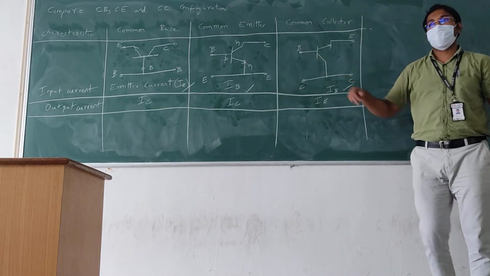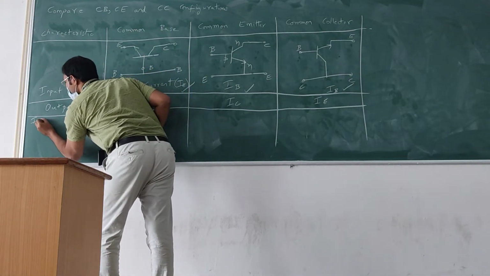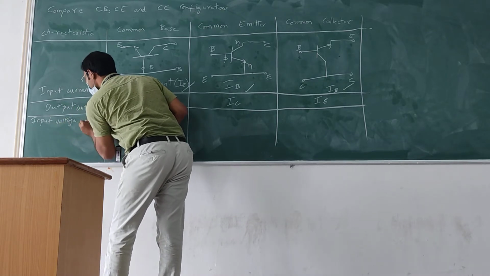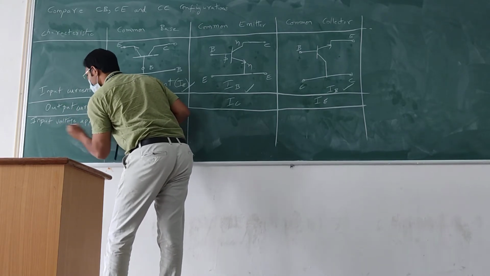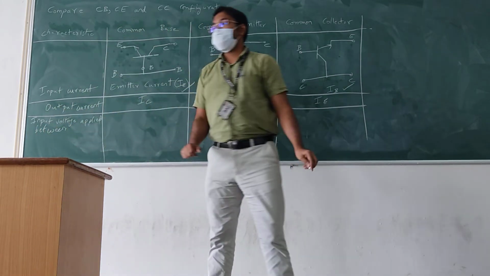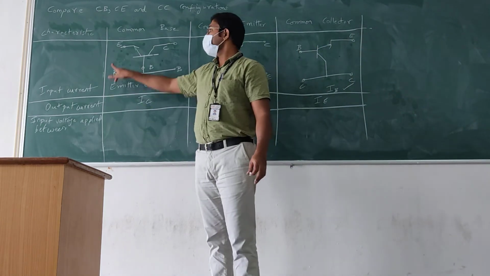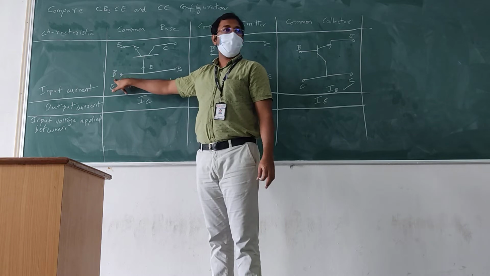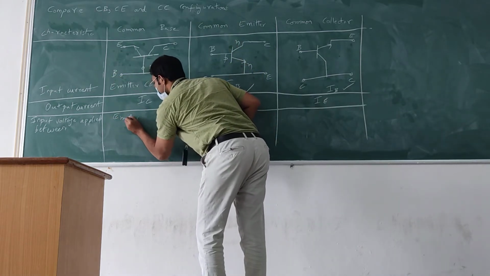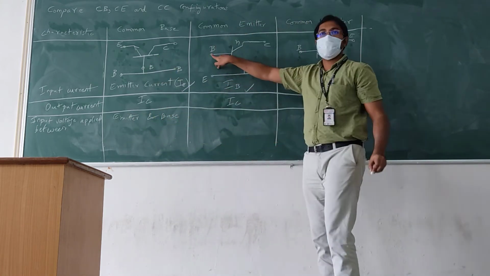Okay. Next, the currents we have finished. We will go for voltage. Input voltage is applied between which two terminals? Here, emitter and base. So simply write emitter and base. What about this case?